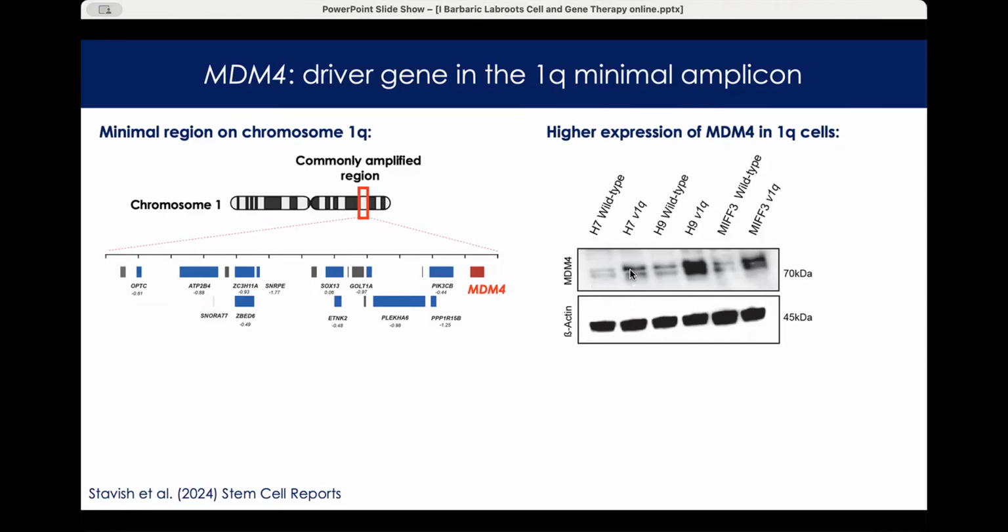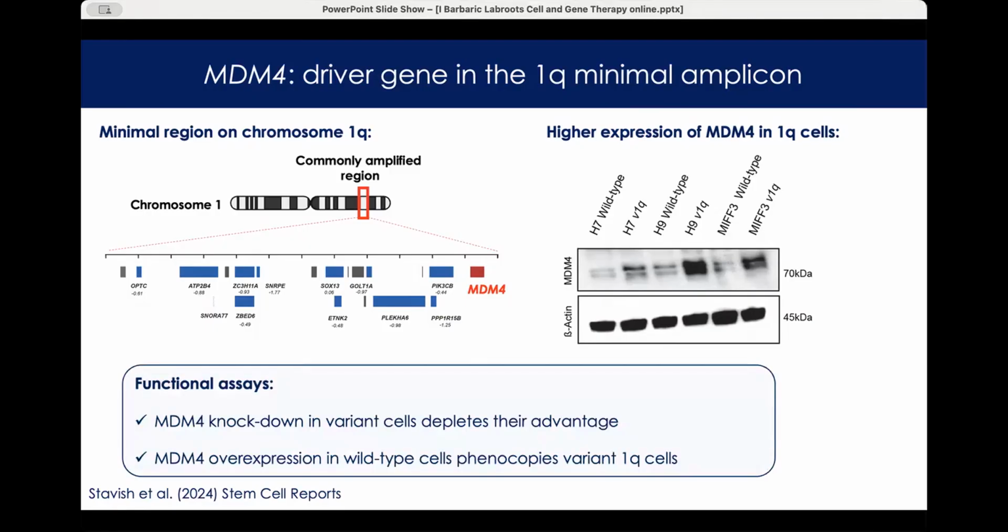Looking at the expression of MDM4 by Western blotting, all the 1q lines had higher expression of MDM4 compared to their wild-type counterparts, and this is as expected because all these lines have an extra copy of chromosome 1q and therefore an extra copy of MDM4.